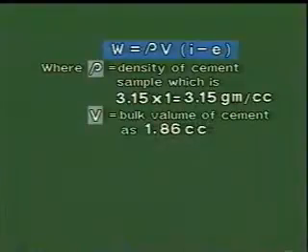V is the bulk volume of cement and shall be equal to 1.86 cc as calculated previously.